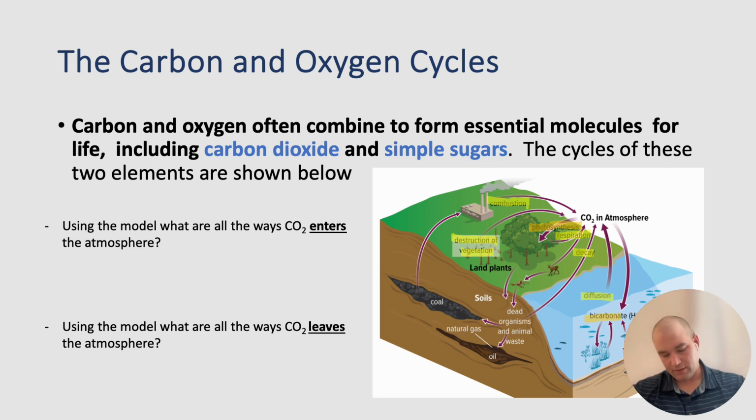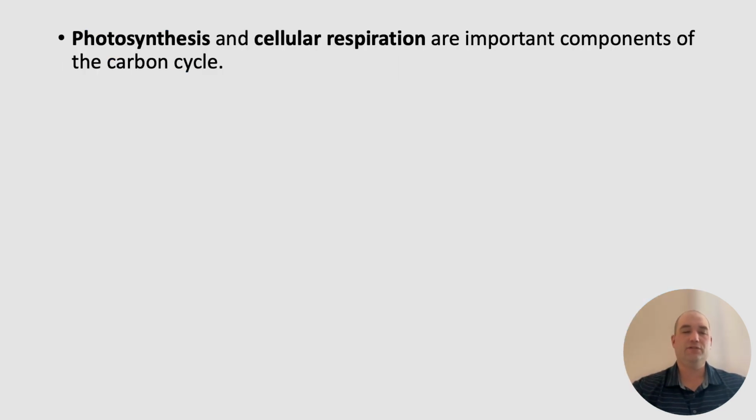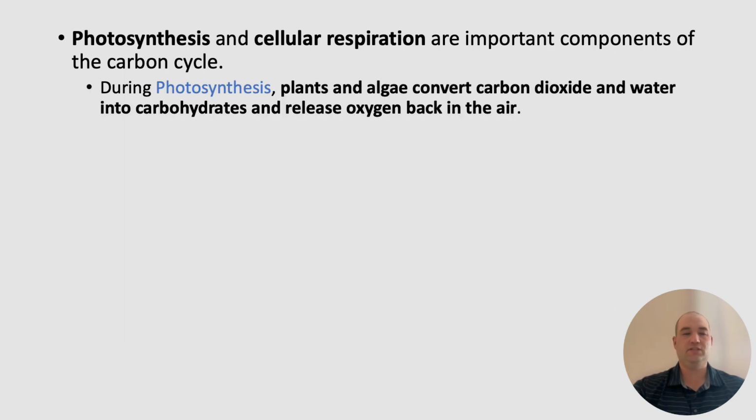The other one is by producing bicarbonate, which is an acid that actually makes our oceans much more acidic. All right. So again, these are two ways that we can take it out, as well as the numerous ways that we can put it back in. So photosynthesis and cellular respiration are important because they are really big, important components of the carbon cycle.